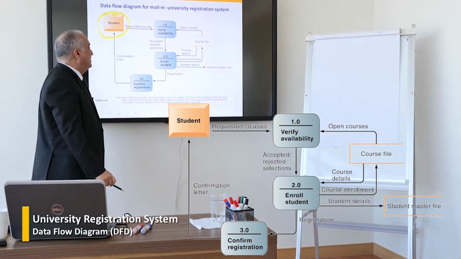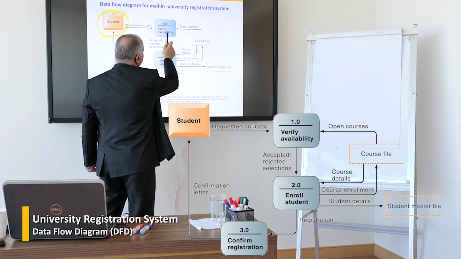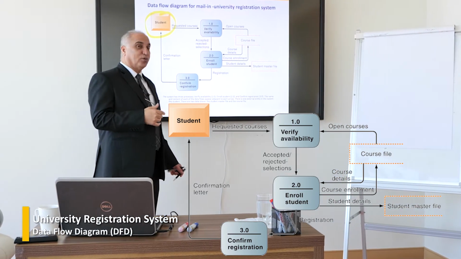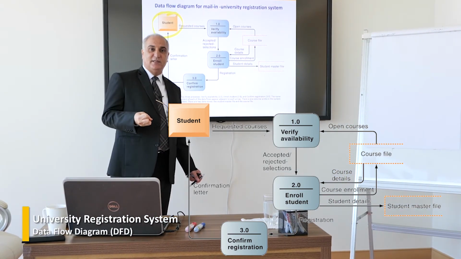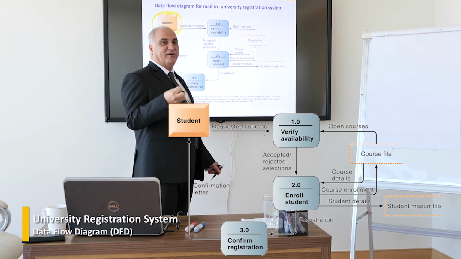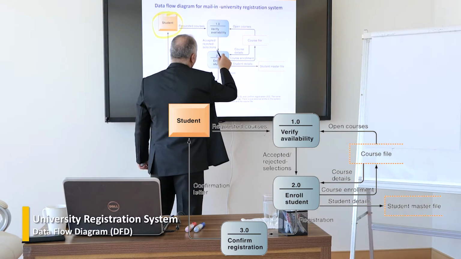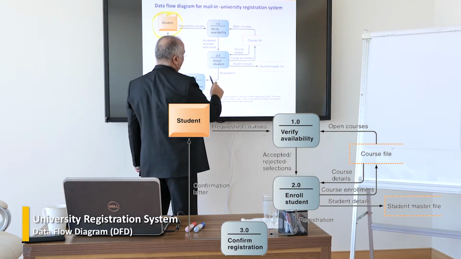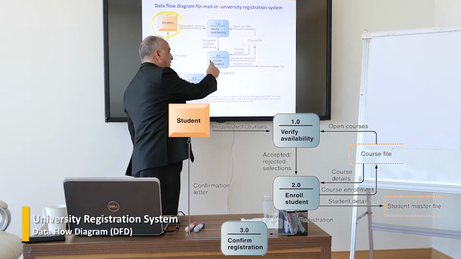Process 1 is verify availability, which is logical. For a student to enroll in a course, we must check whether there is an available slot for that particular course. If there is availability, we initiate another process, called enrolling the student.